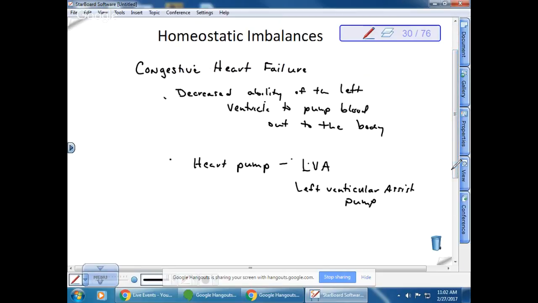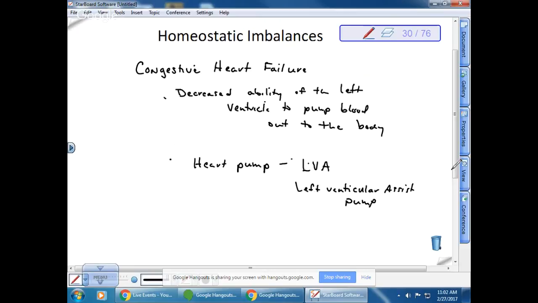People have a surgery where they put the pump inside of their chest cavity, and then they have to wear a battery pack on the outside of their body that provides energy for the contraction of this pump.